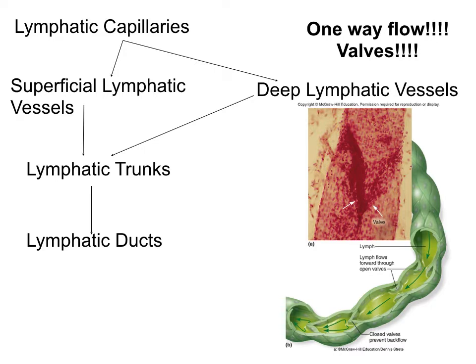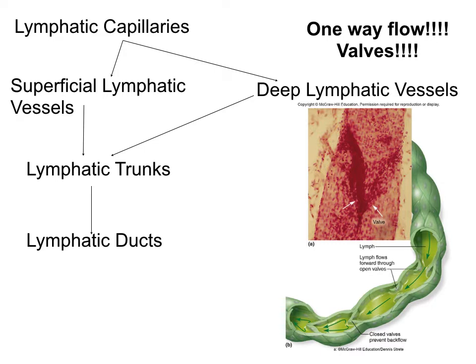Now, all of the lymph from your superficial lymphatic vessels and your deep lymphatic vessels are going to drain into things called lymphatic trunks. Lymphatic trunks drain major portions of the body. These lymphatic trunks are going to merge together to form what are called lymphatic ducts.